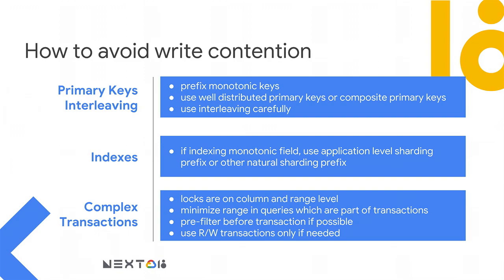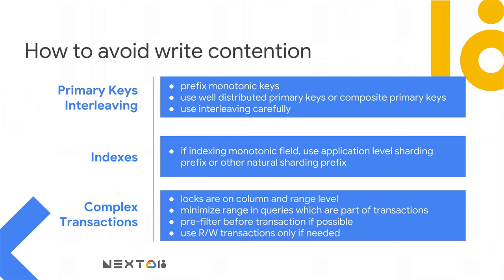Now, the danger is if you have one parent row and a lot of data which relates to that parent row, you basically, again, end up with all the traffic to that child table in one split, which also leads to hotspotting. So be careful with that. It is a technique to speed up certain queries, especially if you need to do some kinds of fast lookups for certain data where you want to benefit from data locality. You can use interleaving, but be careful with it.